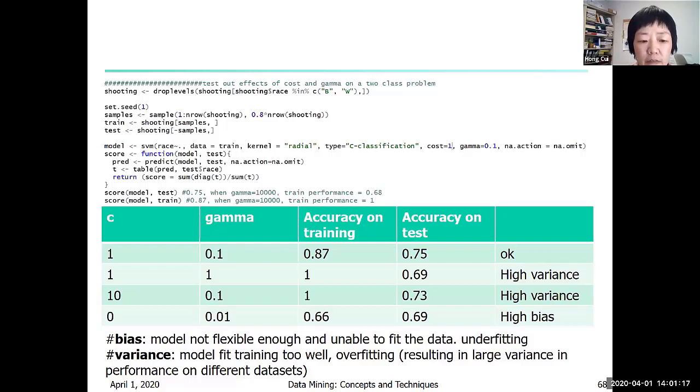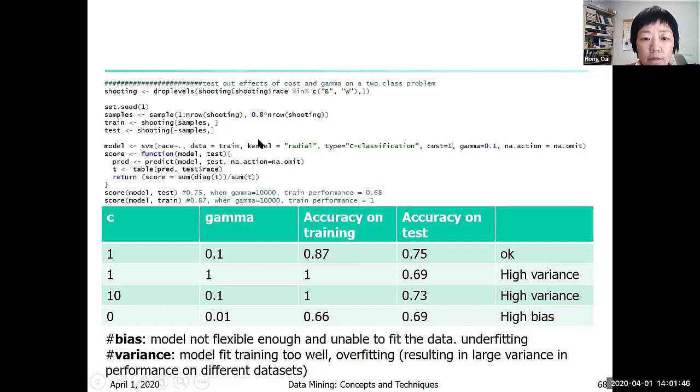It underfits the data, so the performance is very low when you have a highly biased model. Variance, on the other hand, means the model fits the training examples too well, so you can expect its performance to vary a lot when you use it on a different data set. Such a model is called a high variance model.